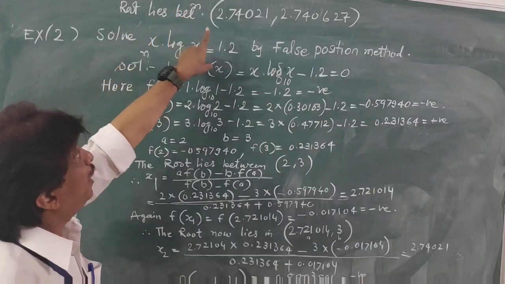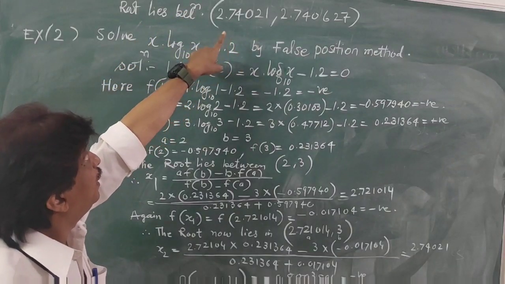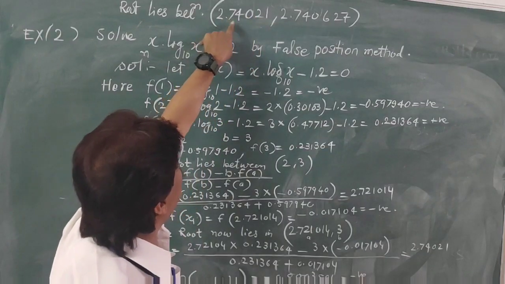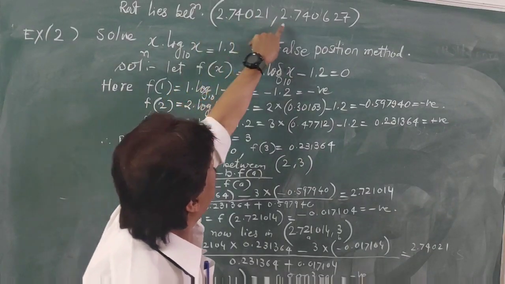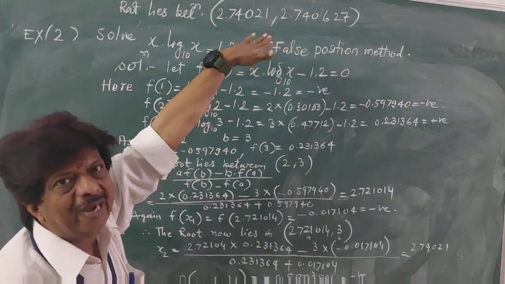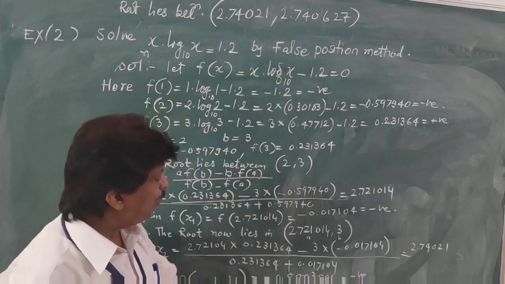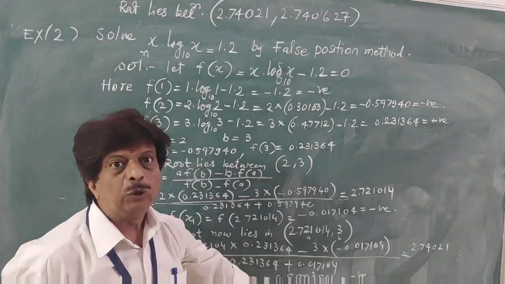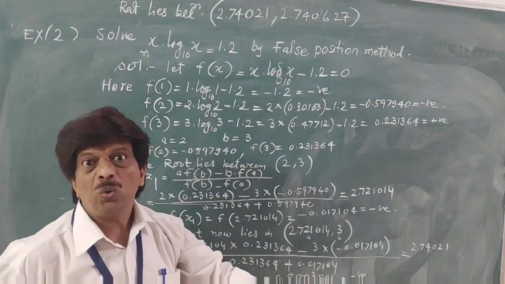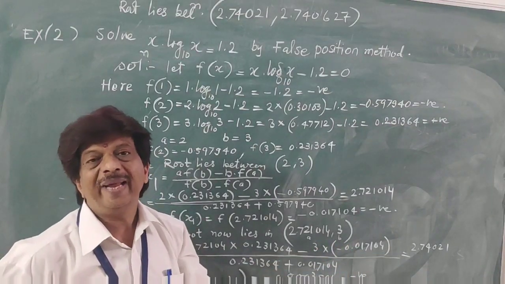What does it mean? In both of these values, 2.740 is repeating, and the f value is very small, 0.0001198.